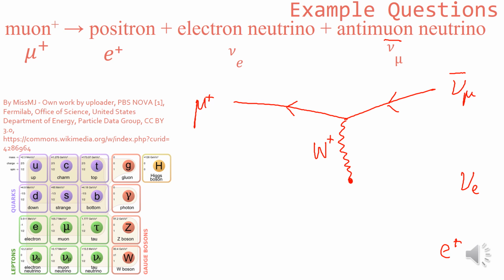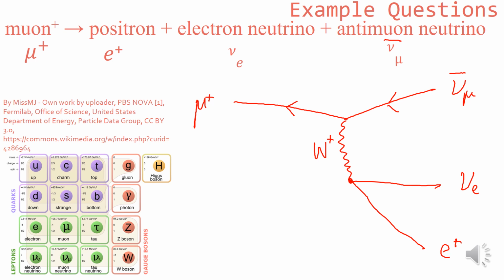And just like before, you can see that again by rotating that purely leptonic weak interaction we had earlier, you can find that we can have a positron and a neutrino emitted. And remember, I said that if it's a W boson becoming two leptons, you'd find that one of them would be an antiparticle and one wouldn't.